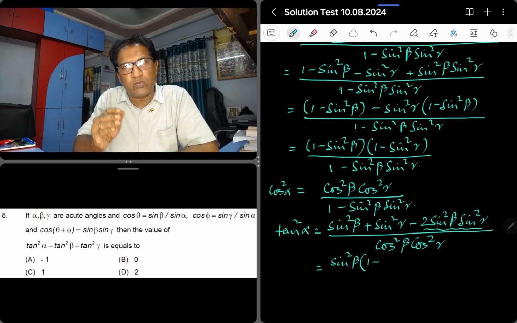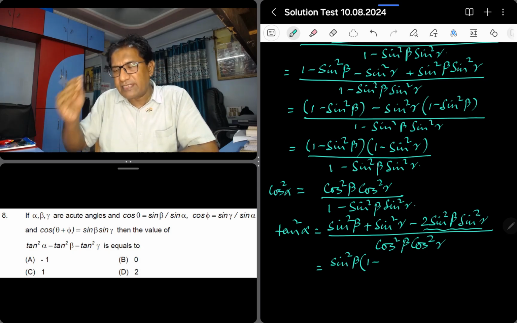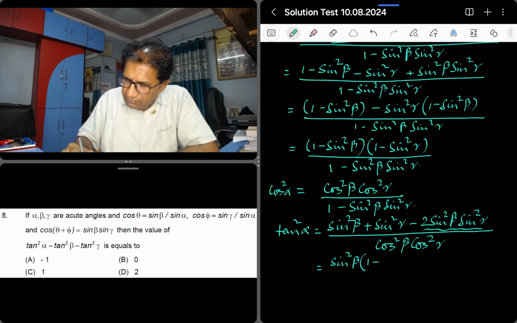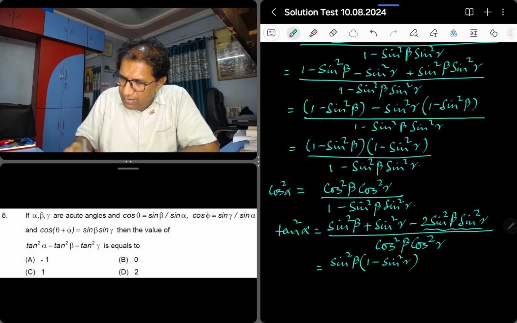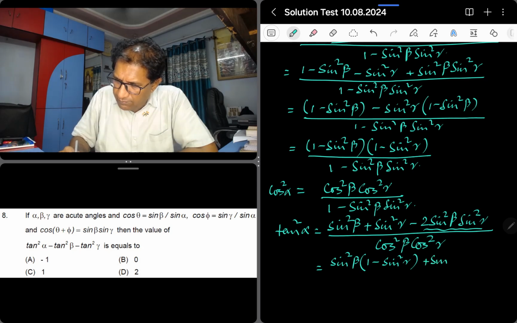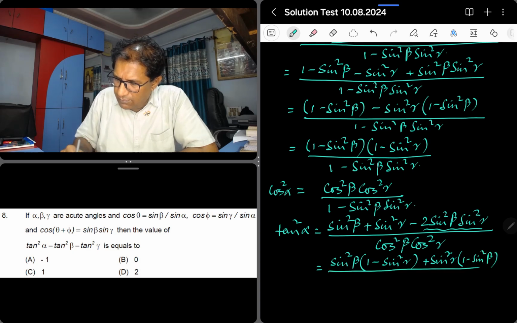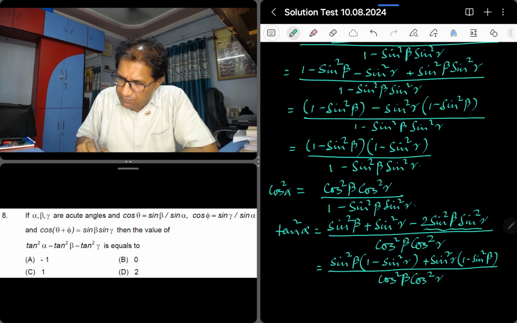I'm writing it as sine square beta sine square gamma minus sine square beta sine square gamma. And if I take sine square beta common, we are left with 1 minus sine square gamma. And from the second one, if I take sine square gamma common, we are having, divided by cos square beta cos square gamma.